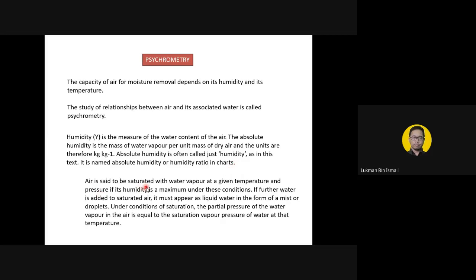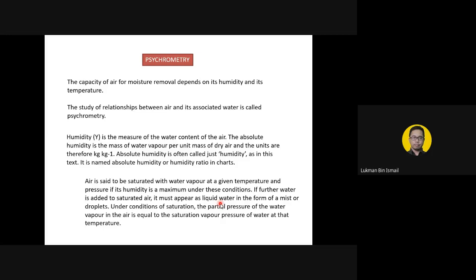Air is said to be saturated with water vapor at a given temperature and pressure if its humidity is at a maximum under this condition. So at a certain temperature, the maximum amount of water that can be contained by the air is called the saturated vapor. If further water is added to saturated air, it must appear as liquid water. So you will have droplets of water, which you can observe in our atmosphere when rain occurs.